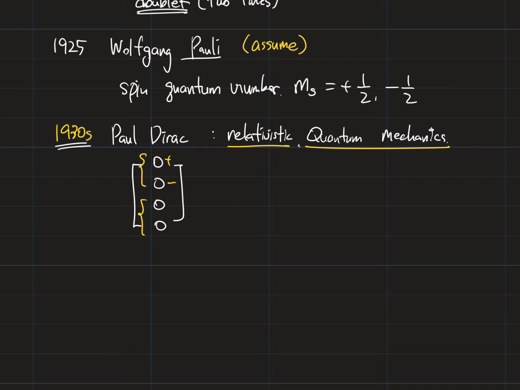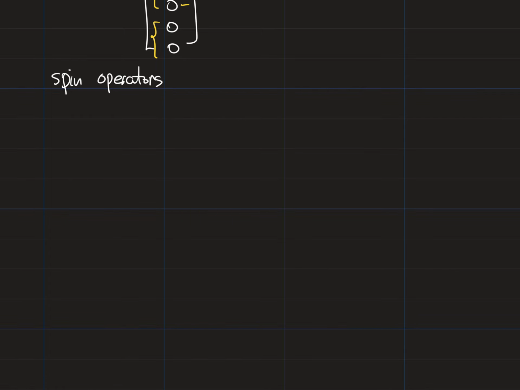Okay, so let's summarize the effect of the spin operators. It is very similar to the eigenvalue equations for total angular momentum, L squared and Lz. So let's try to recall. The total angular momentum is h bar squared L(L plus 1), and Lz.